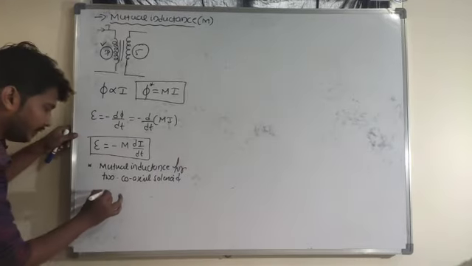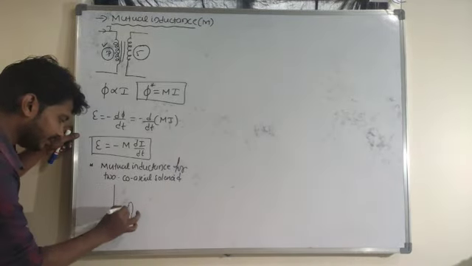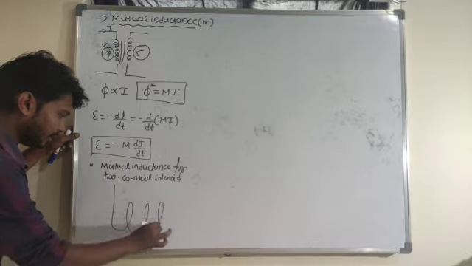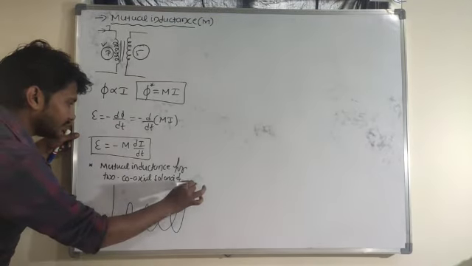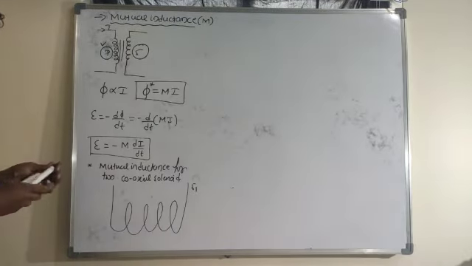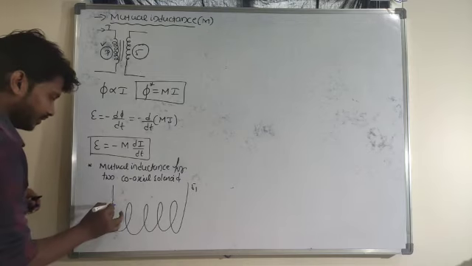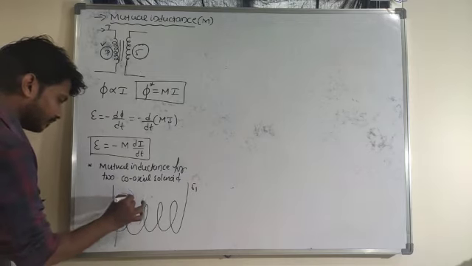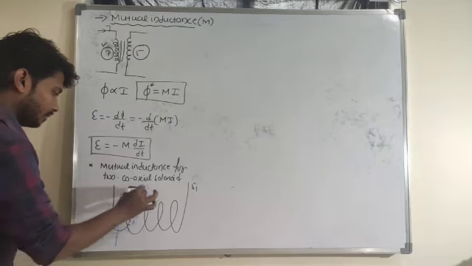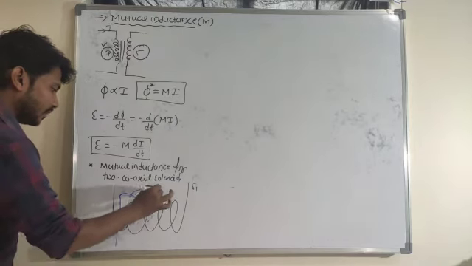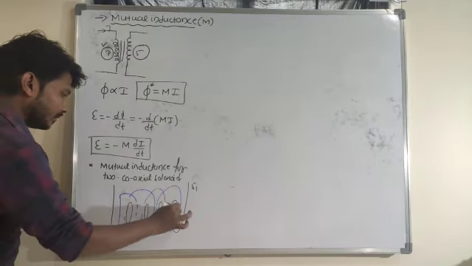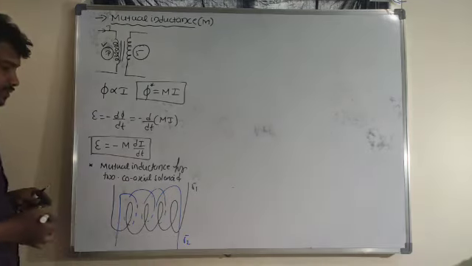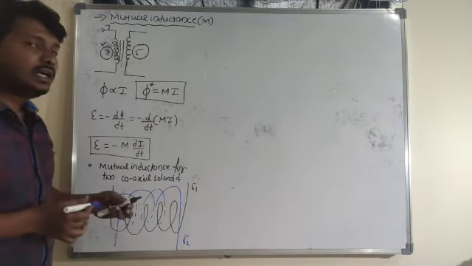Okay, so for example, let me take one solenoid as S1 and another solenoid as S2, and these two solenoids are coaxial to each other, placed on the same axis.